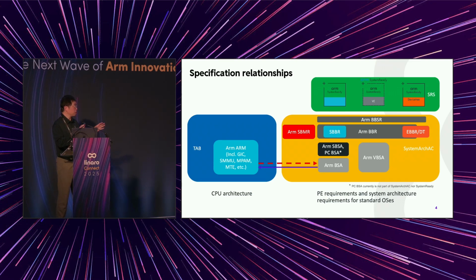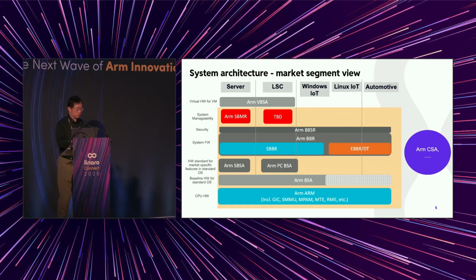So if you leave this session and can remember this slide or refer back to this one all the time, you can have a very good picture of what we are trying to do. But I'm going to be going into a little bit of detail on how these specifications are created and what they are about.